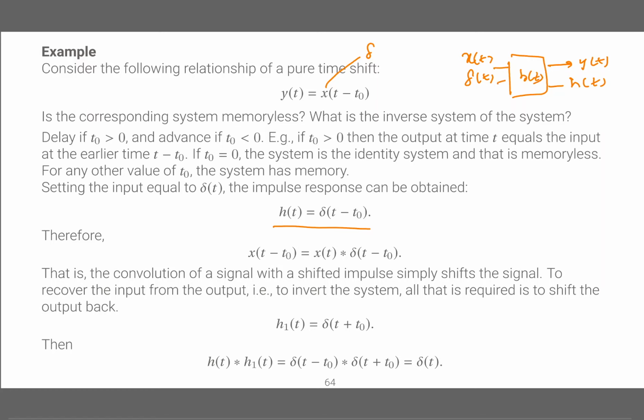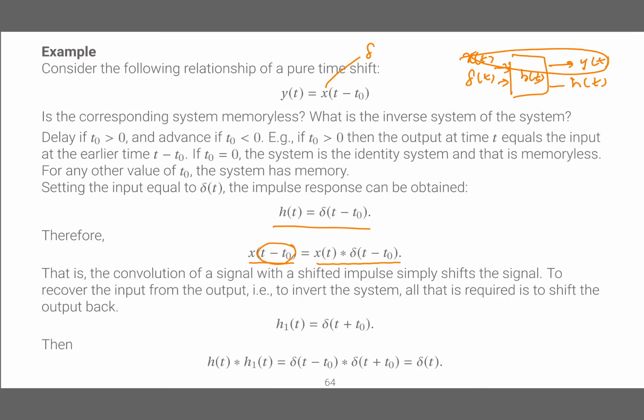Therefore, if you convolve x(t) with delta(t minus t0), the output would be x(t minus t0), just the time delay. That is, the convolution of a signal with a shifted impulse simply shifts the signal. So you can see x(t) has been shifted to x(t minus t0).